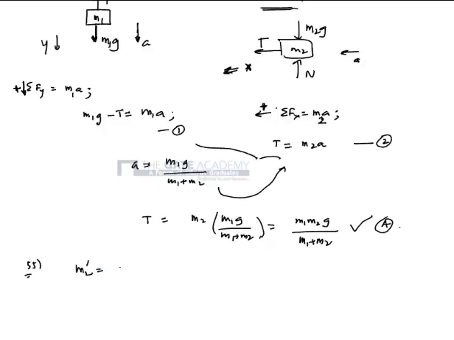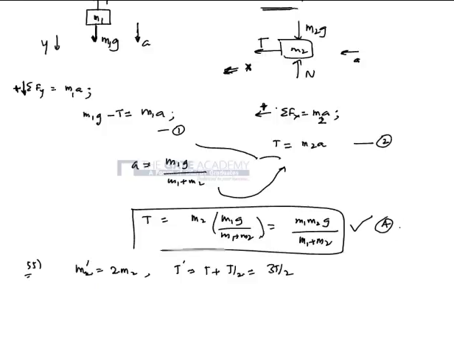Now for the 55th, the mass M2 is doubled. So let the new mass be M2 dash, which is twice of M2, and the new tension is increased by 1/2. So the new tension is T dash. One catch point here is that the tension and the mass relations will not change. Whether you increase the mass or decrease the tension, they will behave by this equation.